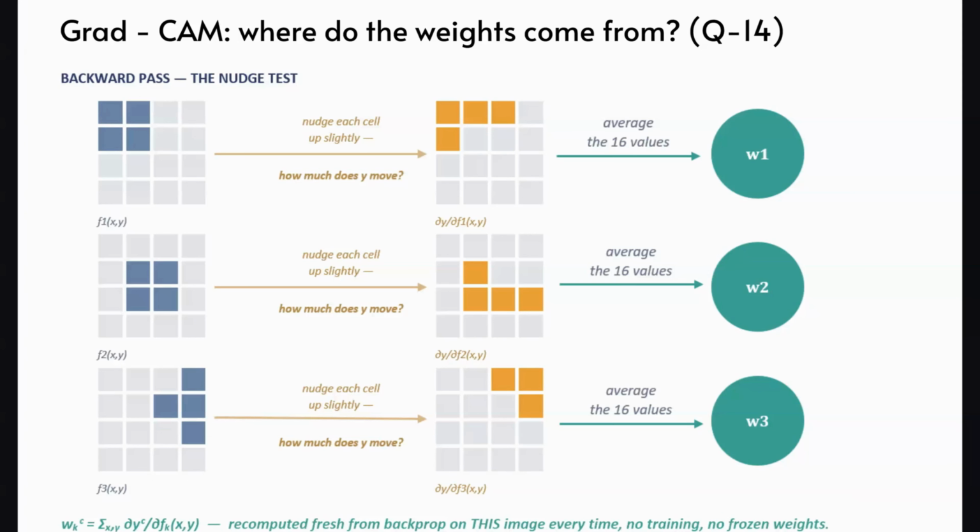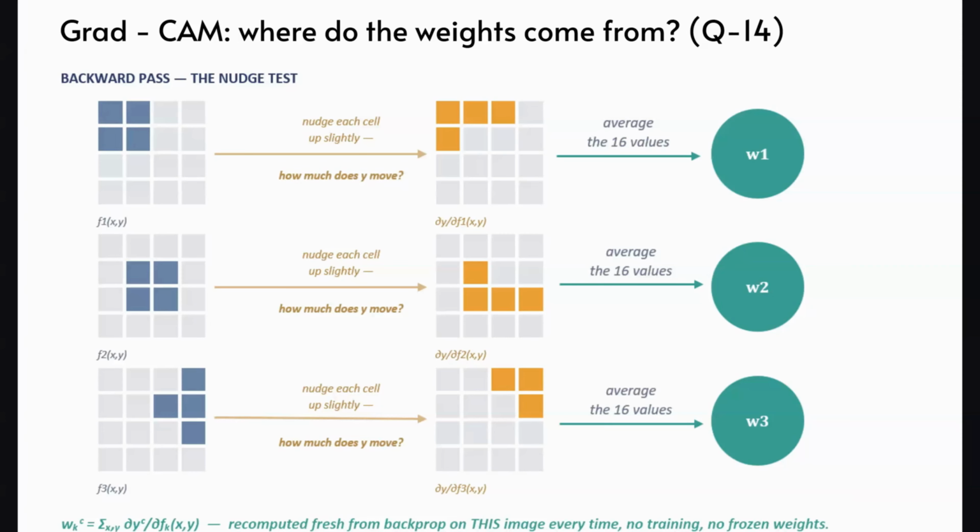So what it does is we again have the same channels. The intuition here is that if a particular activation is very important to the final output, the moment I change that activation, the output will also change.